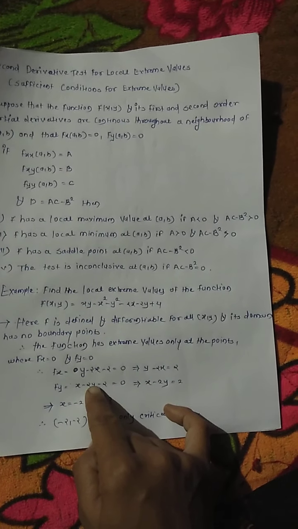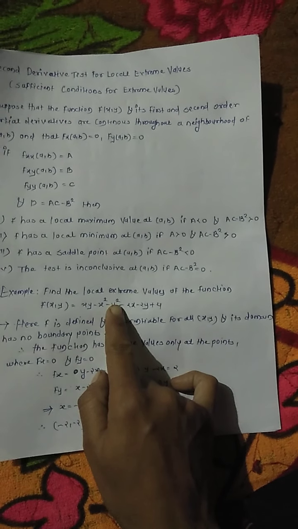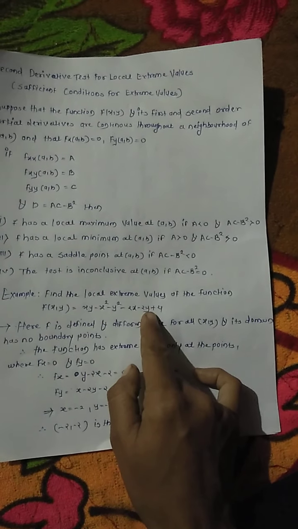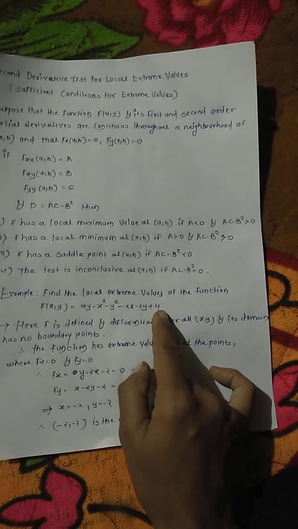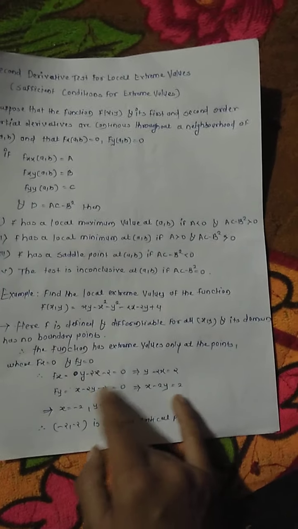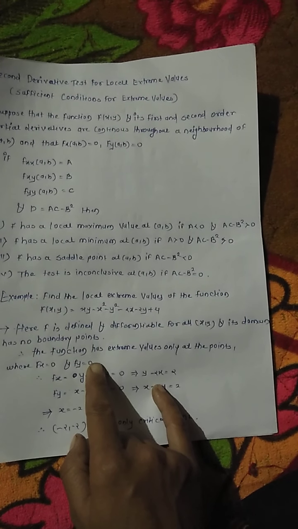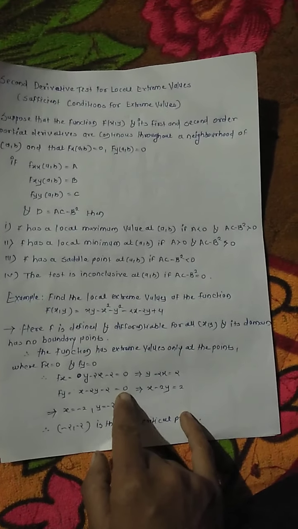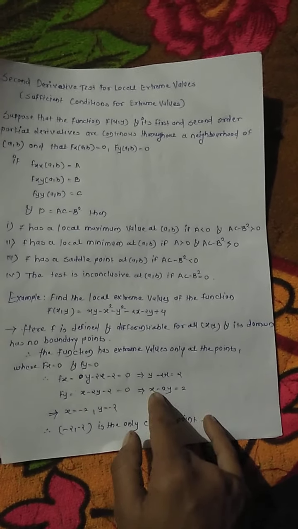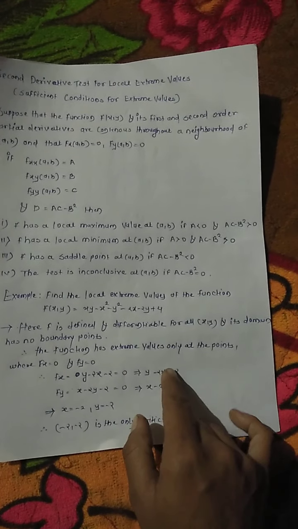The derivative of y square is 2y, so minus 2y. Minus 2x has no y, so it is constant and its derivative is 0. The derivative of minus 2y is minus 2. The derivative of 4 is 0 because it is a constant function. Setting fy equal to 0, we get x minus 2y is equal to 2.